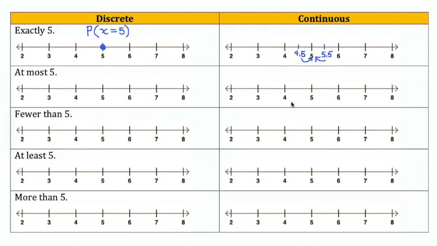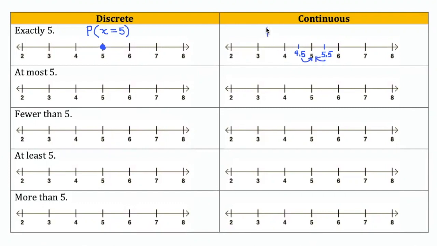So that's why we apply a correction factor, because when I want the probability of getting 5 exactly, I need to consider 4.6, 4.7, 4.8, 4.9, all the things that would round to 5. And similarly, 5.1 rounds to 5 and 5.2, until I get to 5.5.